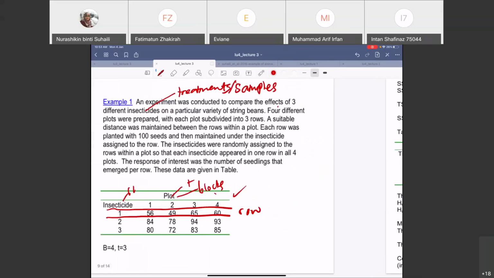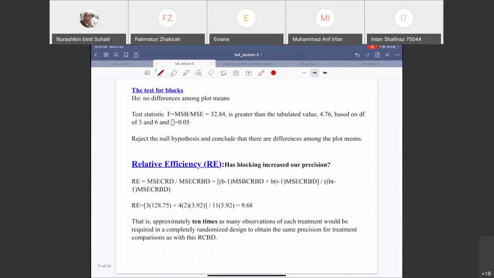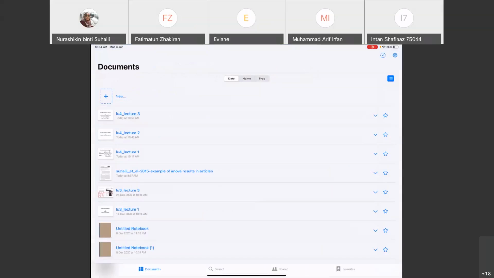Okay, so this is an example of data. Let me open the PDF, because some of the images are not there in the PowerPoint file.